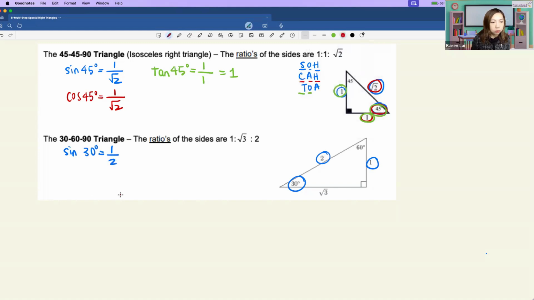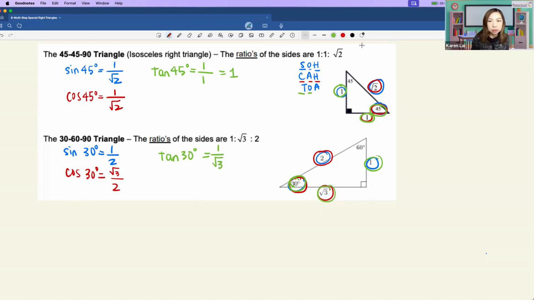Now let's look at cosine, the same angle, cosine 30 degrees. We have adjacent, which is root 3, over hypotenuse, which is 2. Then we have tangent 30 degrees, which is opposite, which is 1, over adjacent, which is root 3.